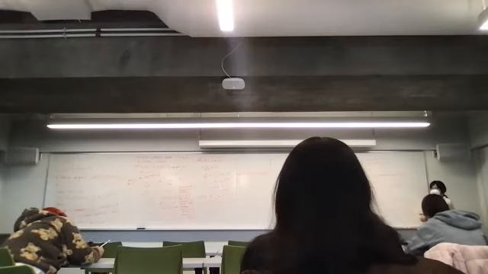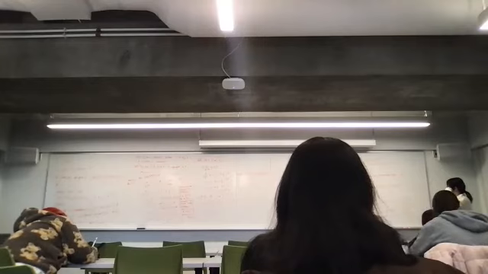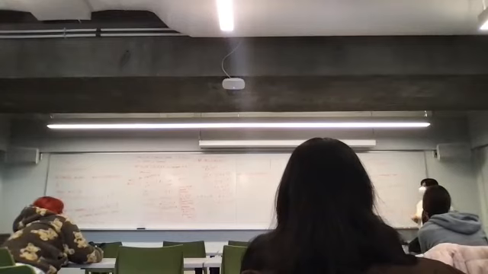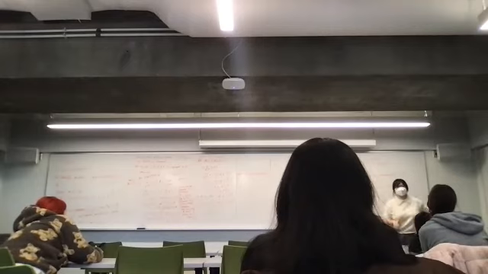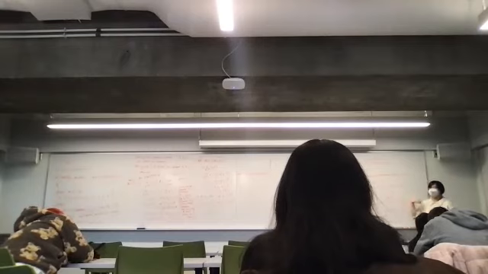Are y_j prime and p_j prime different things? Yes, they are different things. p_j is the point itself, and y_j is the decision variable representing whether it is a center. p_j prime is just some random unmarked point.